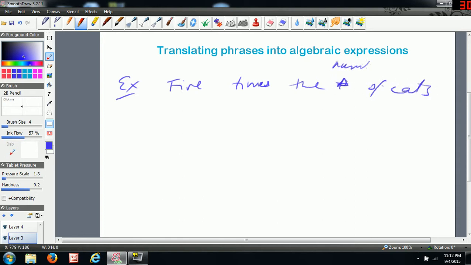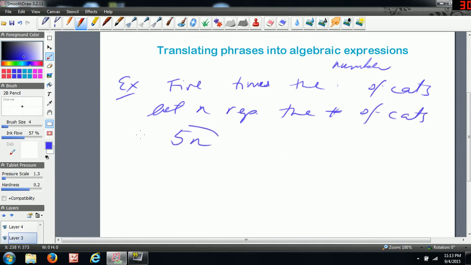Because it's 5 times the number of cats, if we let n represent the number of cats, then our algebraic expression would just be 5n. Okay?